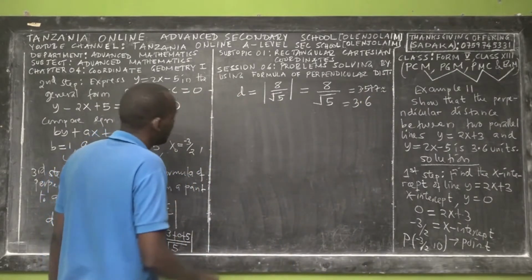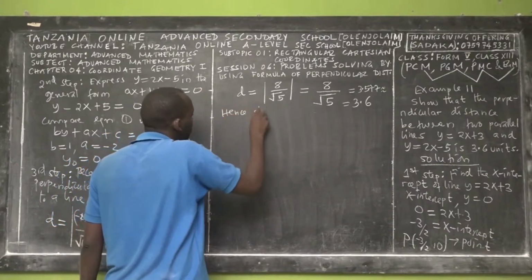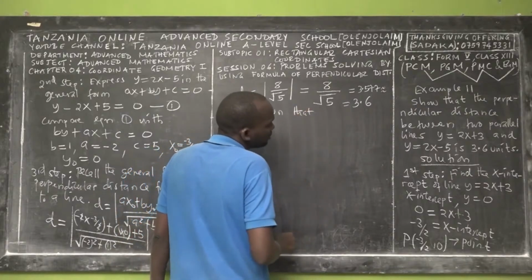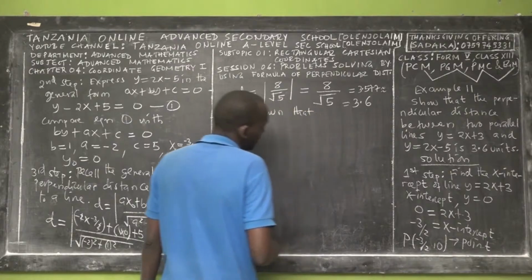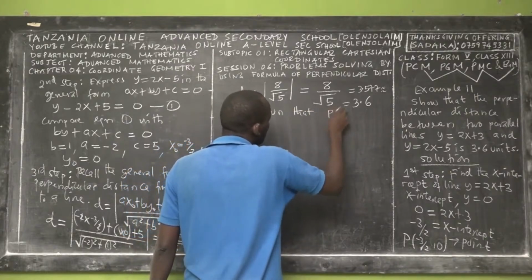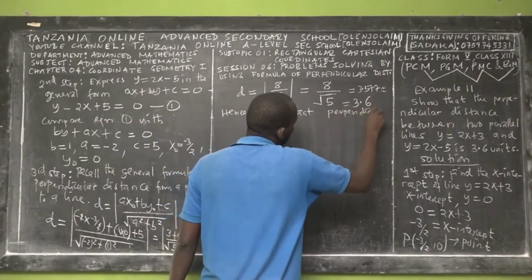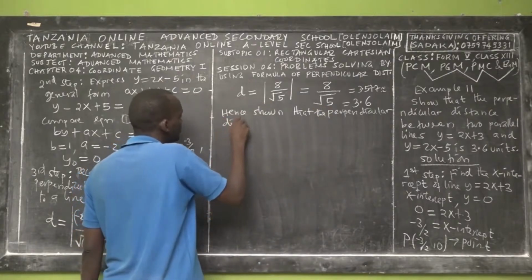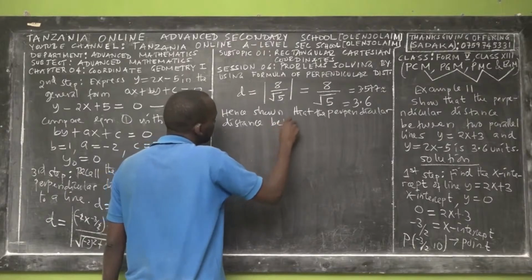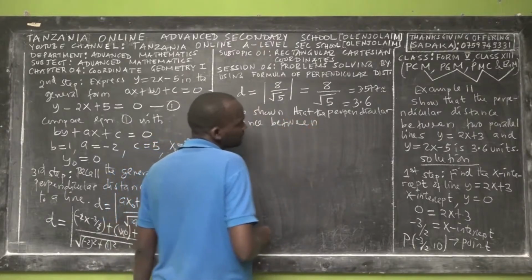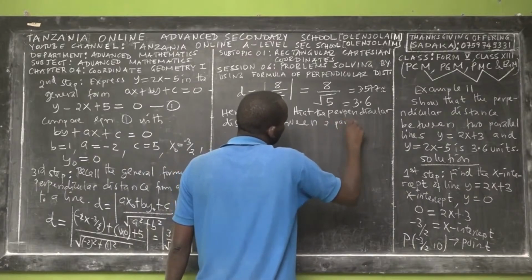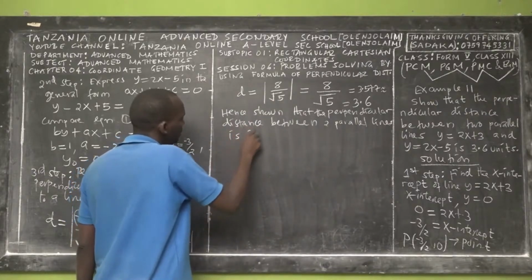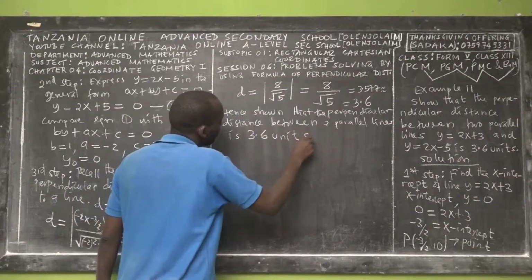So here we say that hence shown that the perpendicular distance between the two parallel lines is 3.6 units.